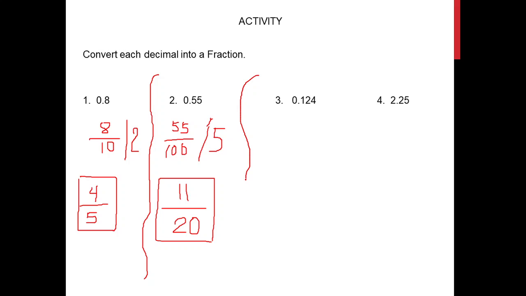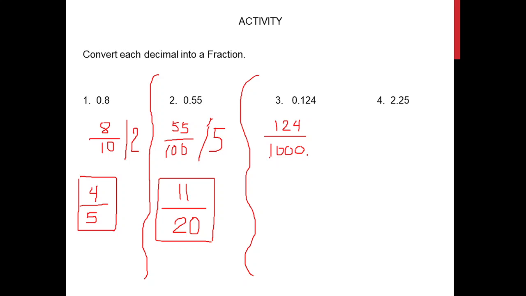Next, 0.124. Again, identify the place value of our last number, which is 4. So we have here tenths, hundredths, thousandths. So we have here 124 divided by its place value, which is 1,000.